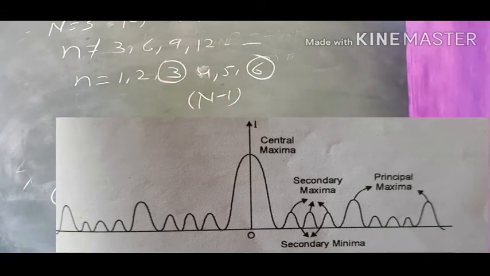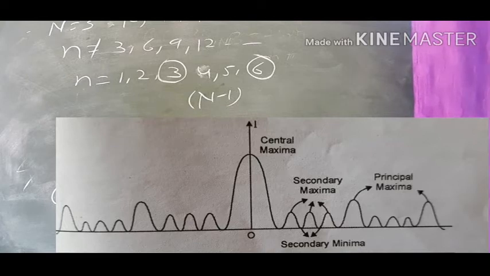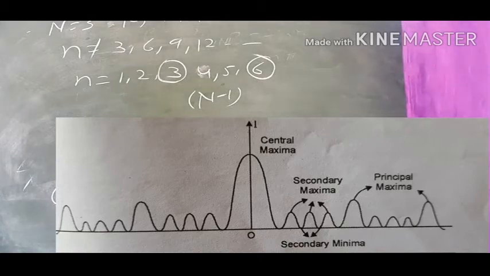So intensity distribution for N-slit can be seen in this figure. We can see clearly the central maxima is surrounded by minima. There are n minus 1 minima between two consecutive principal maxima.